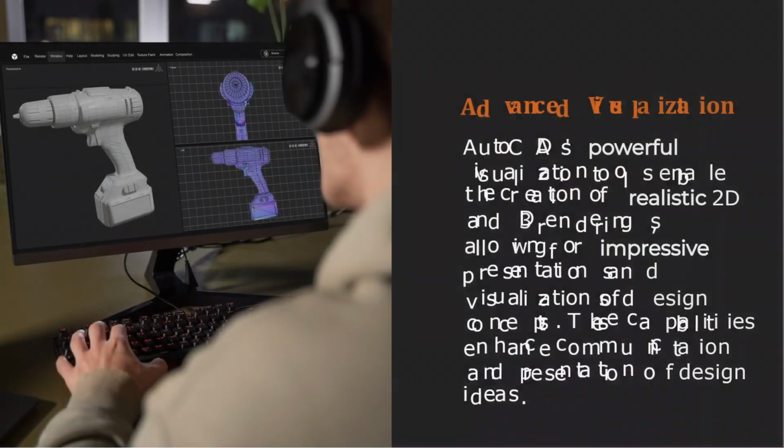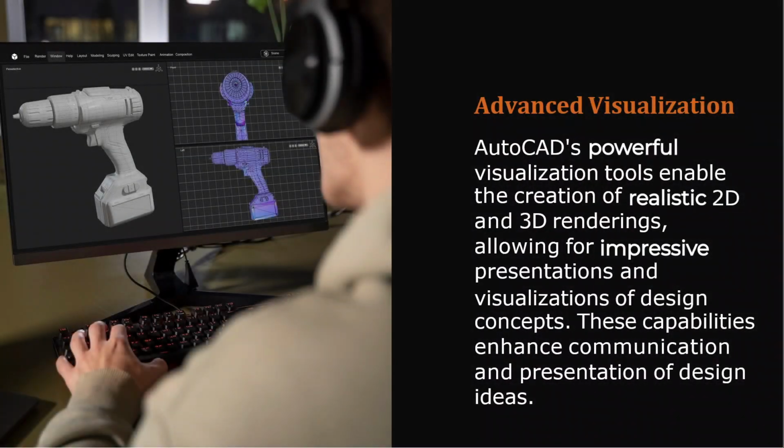Next, coming to the next important reason to learn AutoCAD, advanced visualization. If you see the drawing, it all started with simple 2D lines and circles, and now the drawing is converted into a 3D object which you can feel before manufacturing. Visualization we call.